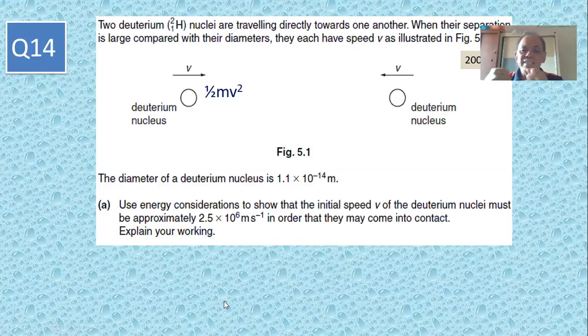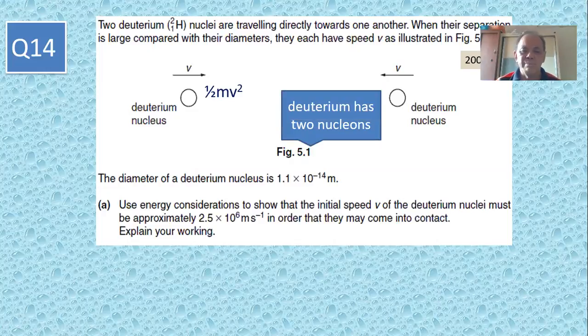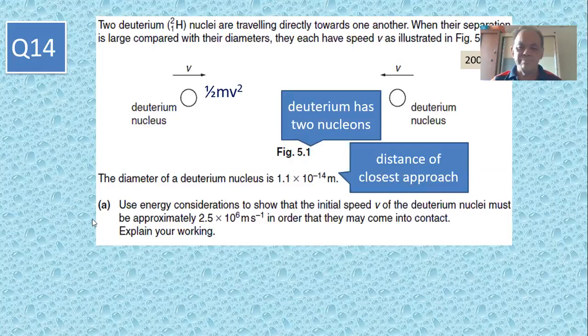So they just want the distance of closest approach, where the nuclei just contact each other. So the center to center is just the diameter. Explain your working. So deuterium has 2 nucleons, remember that, one positive proton and one neutron. And then this diameter becomes your distance of closest approach.